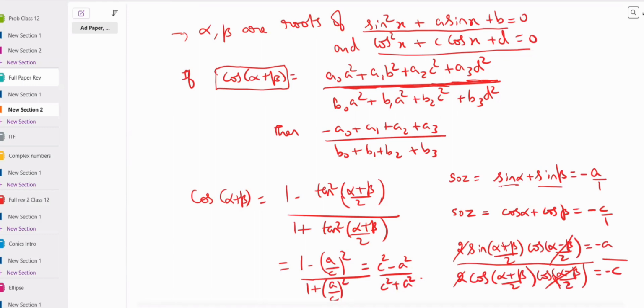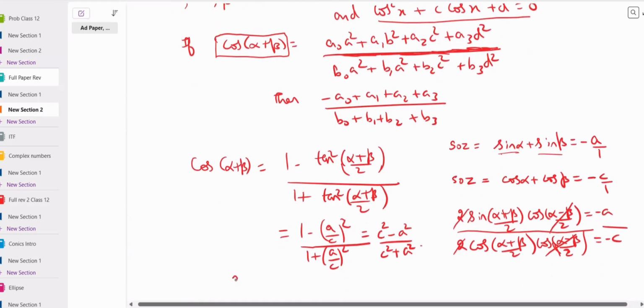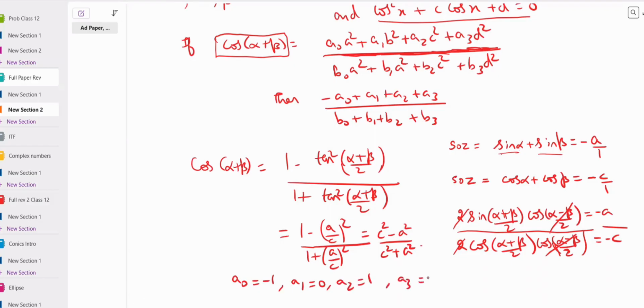So a₀a²: what is the value of a₀? −1. The b term is not there in the numerator, so a₁ is 0. c² is there, so the coefficient a₂ is 1, and a₃ is 0.